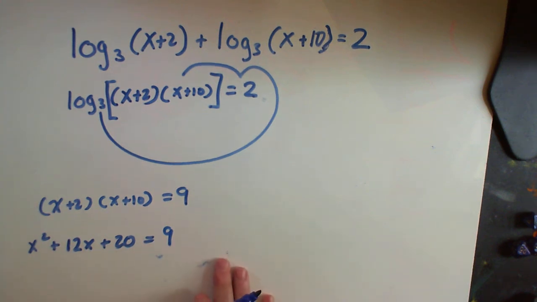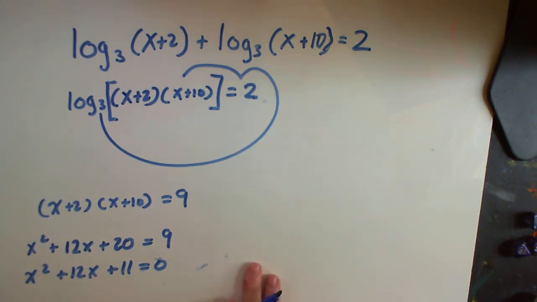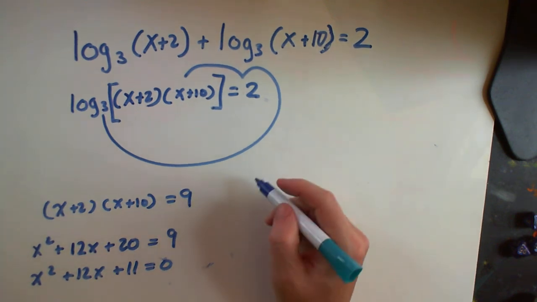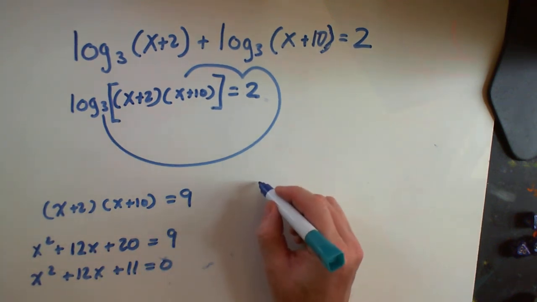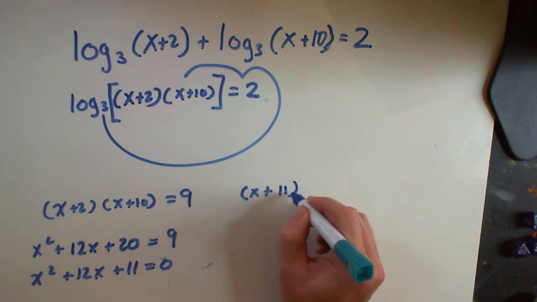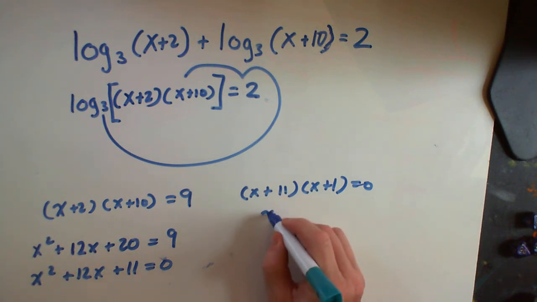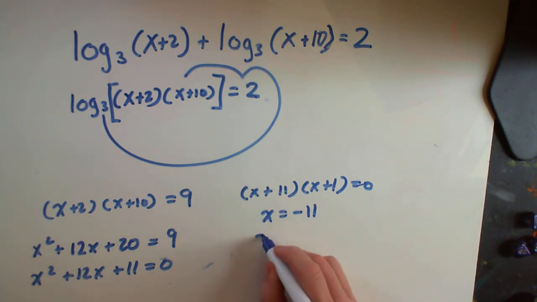Subtract the 9 from both sides. X squared plus 12x plus 11 equals 0. Factor that, and that factors to x plus 11 and x plus 1 equals 0. So x equals negative 11 and x equals negative 1.